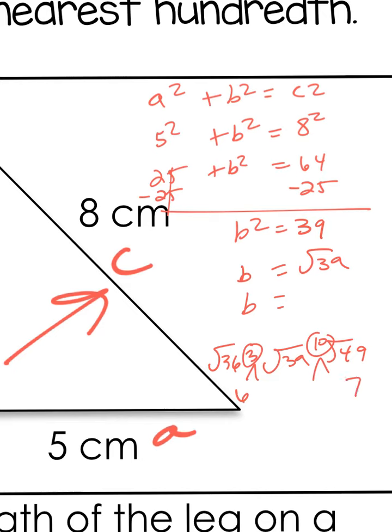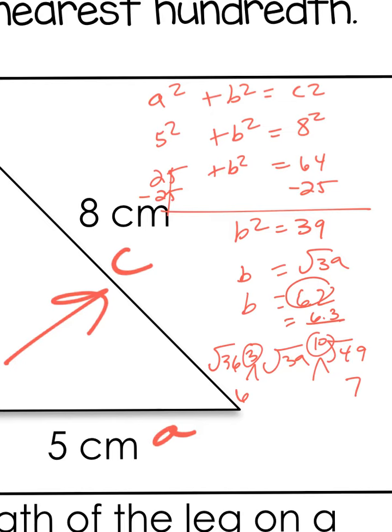It's going to be about 6, maybe 2 or 3. Then I'm going to plug that into the calculator to see if I'm correct. The calculator gives me 6.2449, so it's about 6.3. My estimate was close, and my calculator rounds to that.